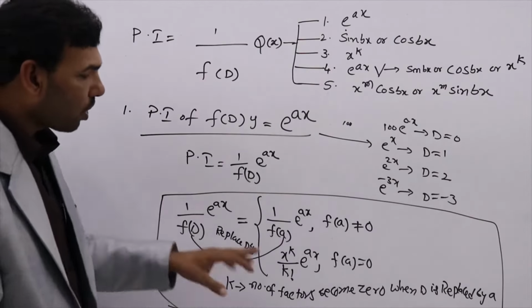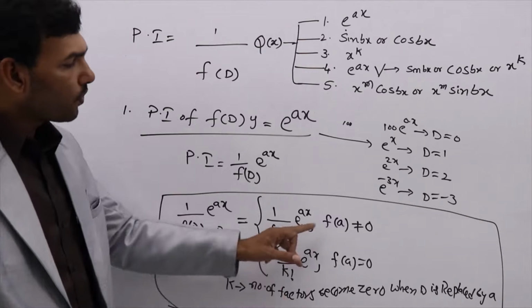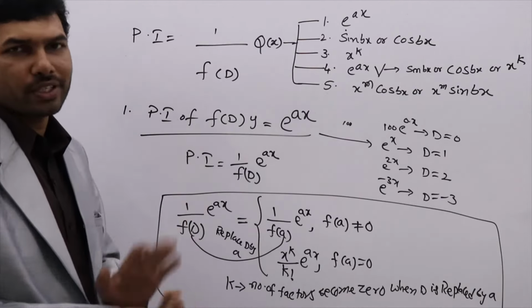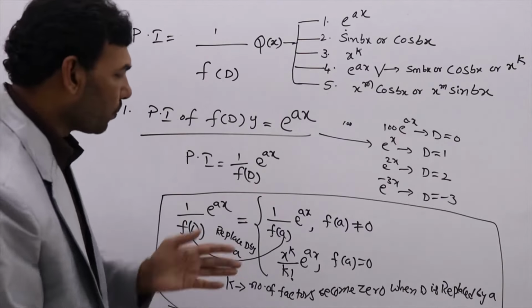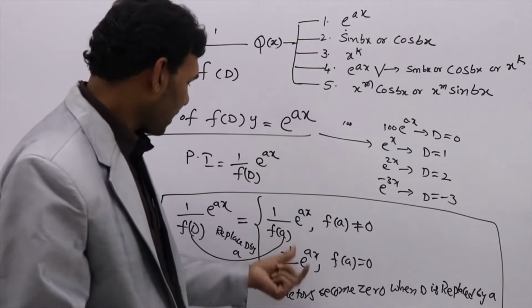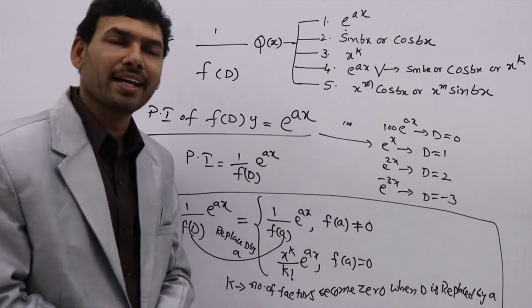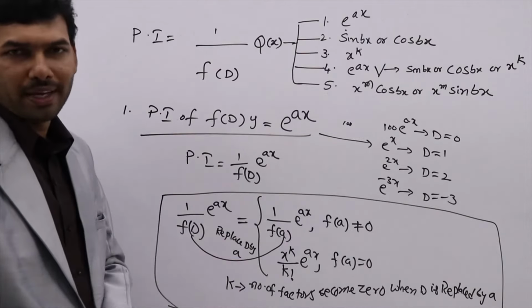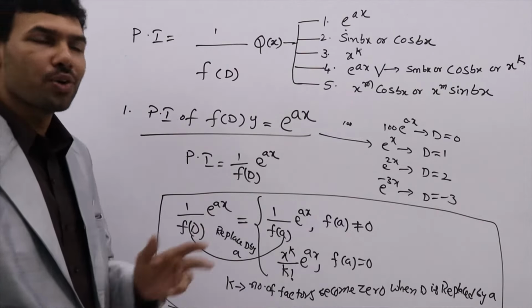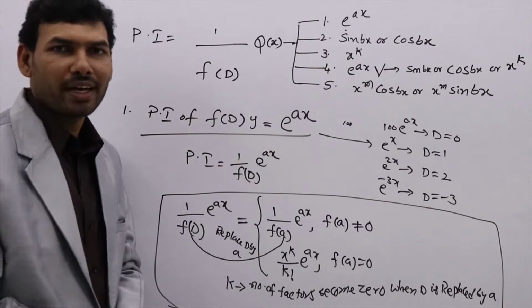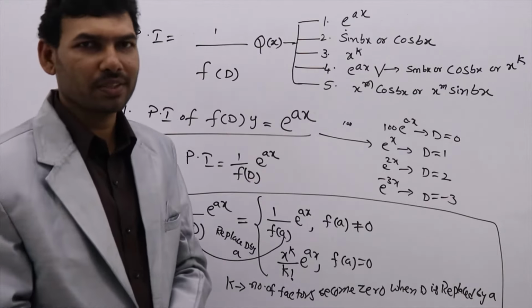If you get 0, you have to use the formula. If you don't get 0, the problem ends. I will show you this principle with a few problems so that you can understand how to apply it if you get 0, and if you don't get 0. Clear? Any doubts you may express.